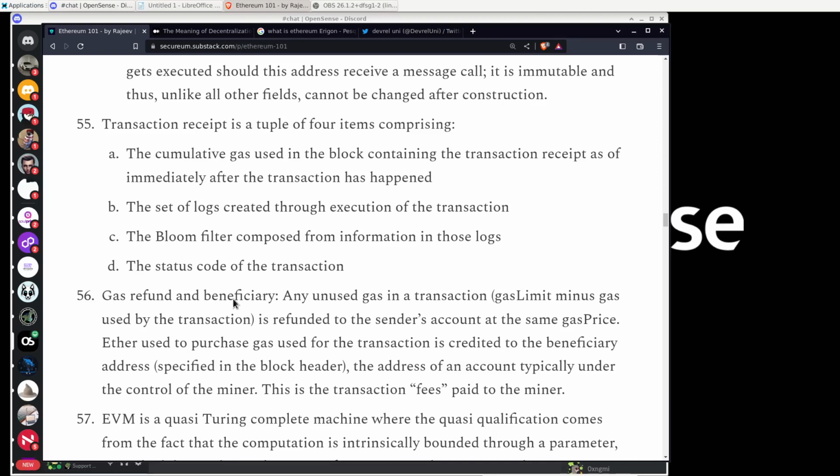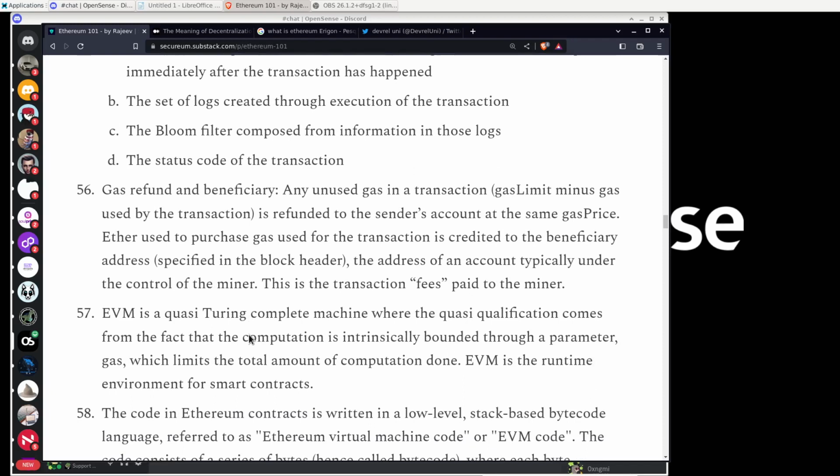Gas refund and beneficiary. So we know that any unused gas in the transaction is going back to the sender. Okay, let's see what's written here. Any unused gas in the transaction is refunded to the sender of the account at the same gas price. Ether used to purchase gas for this transaction is credited to the beneficiary address specified in the block header.